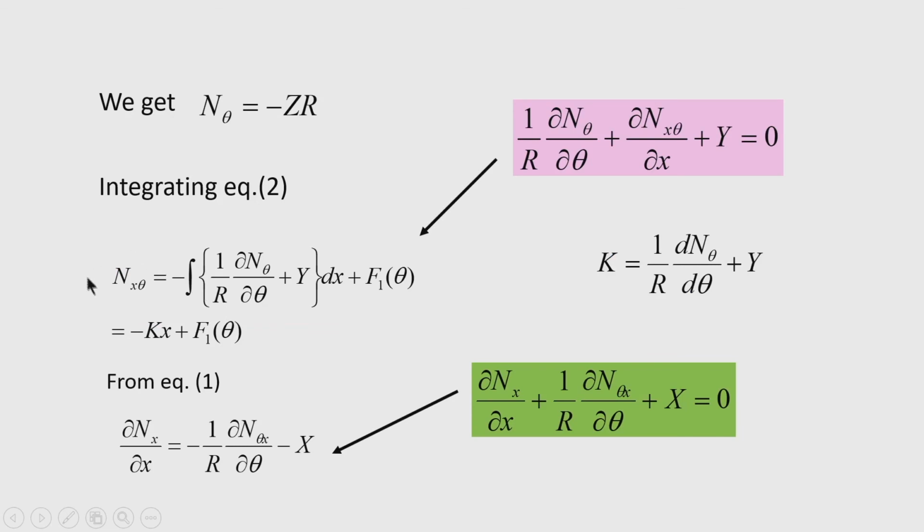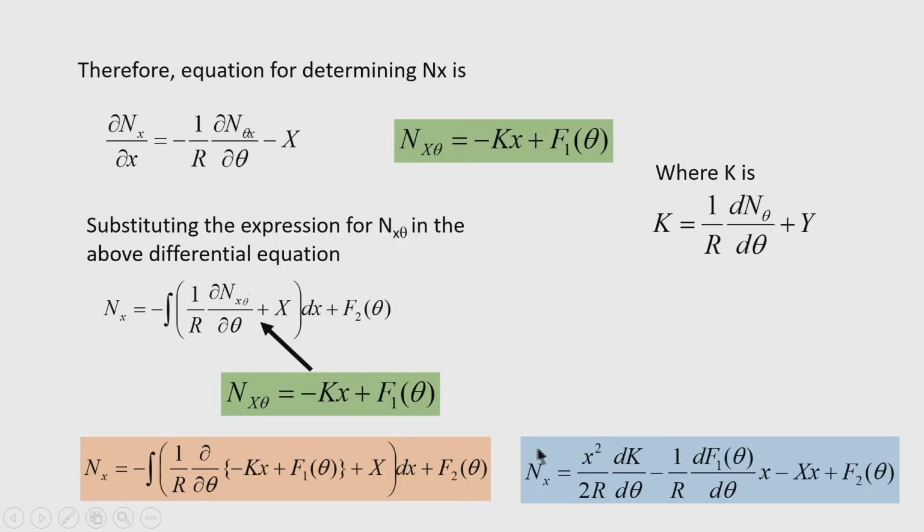Then secondly, we got N_xθ, which is given by minus k x plus f_1(θ), and lastly we obtain the longitudinal stress N_x, which is given by x square by 2r dk/dθ minus 1 by r df_1/dθ into x minus capital X into x plus f_2(θ). So, here the task remains to find out the differential coefficient dk/dθ, and also to evaluate the unknown constants f_1 and f_2(θ) by substituting the boundary conditions.